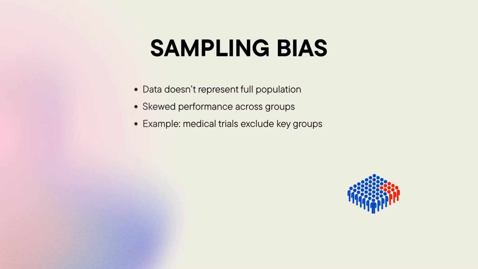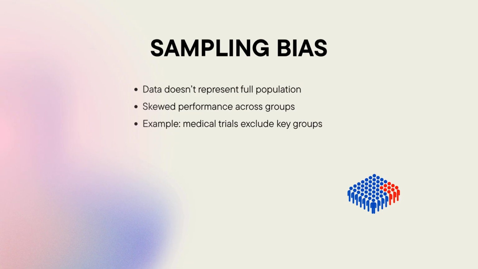So, sampling bias occurs when the data set used for training doesn't represent the broader population the model will serve. A classic example comes from clinical trials. Historically, medical studies have often focused on younger, healthier men. Models built on that data may perform poorly for women, older adults, or those with different health backgrounds.